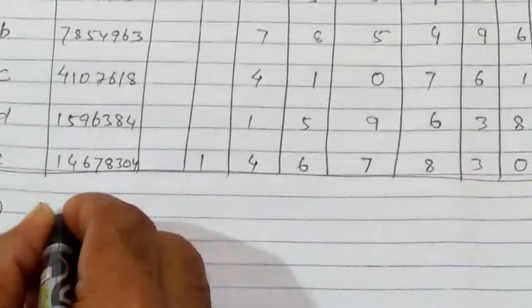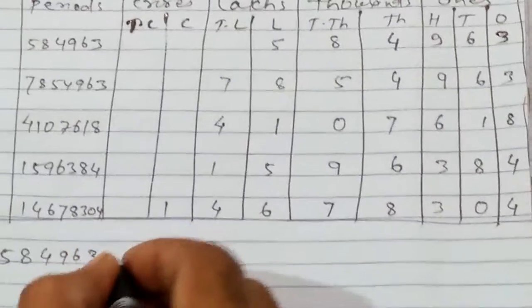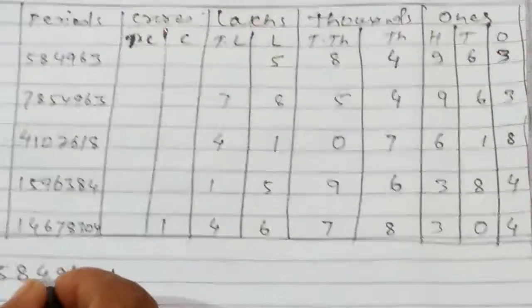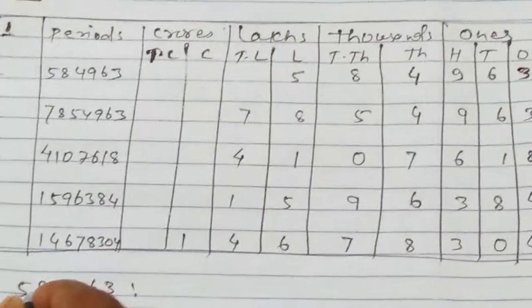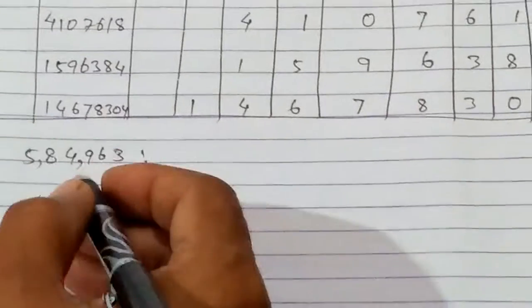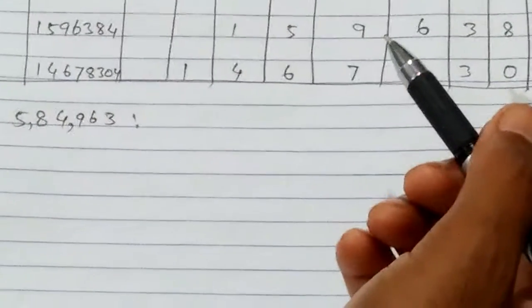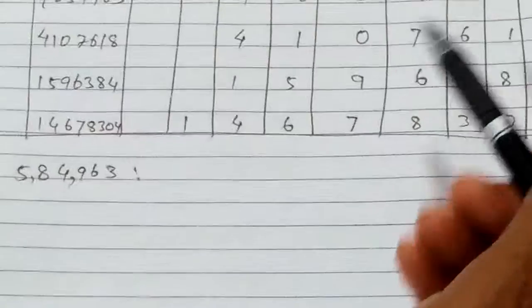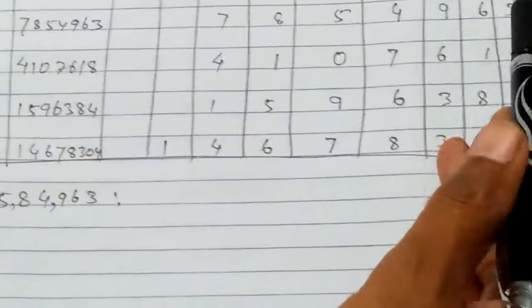So at first we have to write the number 584963. To write its number name, we have to give the comma, first comma after 3 digits and second after 2 digits. Like this we have to place the comma after 2 digits, but first comma will be after 3 digits from this side, right to left. And we are seeing here in Indian place value chart, 5,84,963.